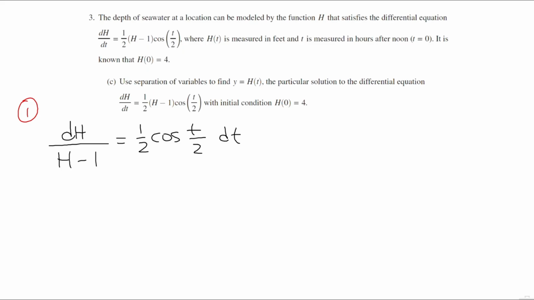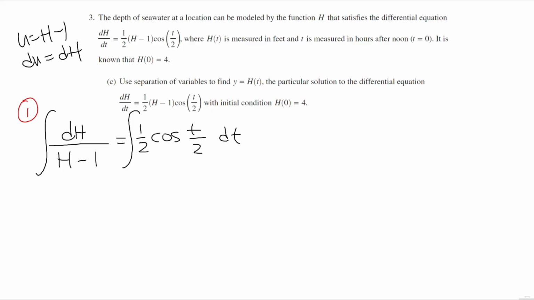For this particular one, they gave you a point for each of your antiderivatives. So if you take the antiderivative correctly of both sides of this, you're getting 2 more points. So the integral of dh over h minus 1, that's one of those simple u substitutions, where u is equal to h minus 1 and du is just equal to dh.